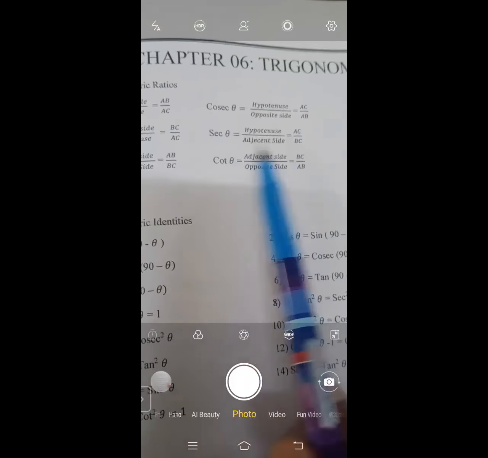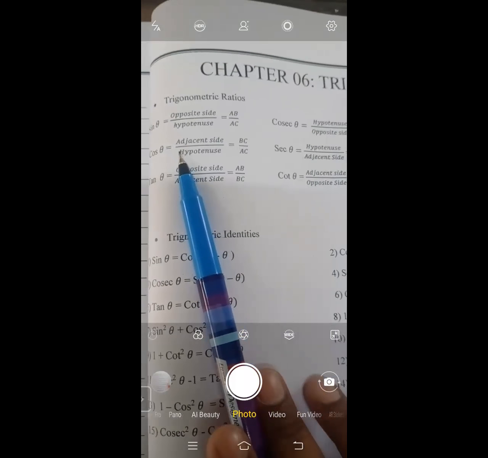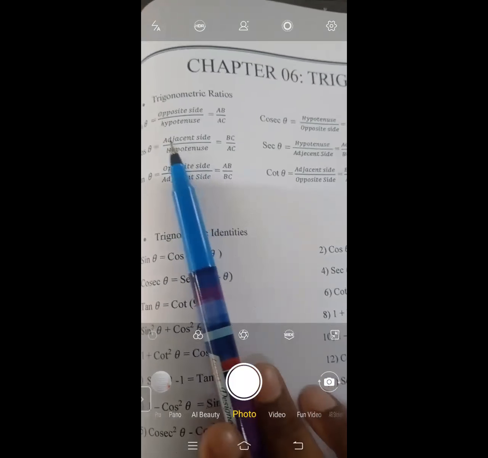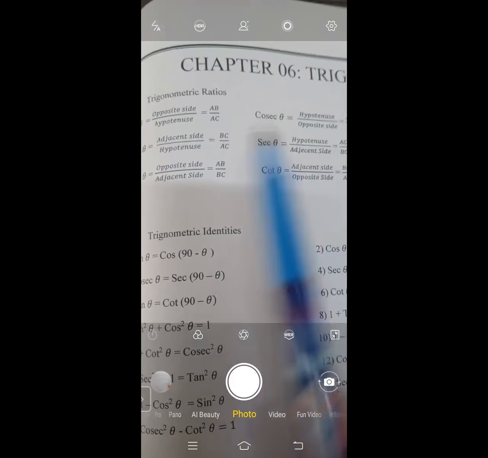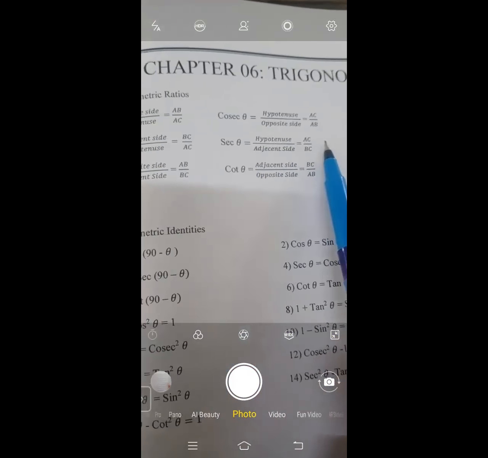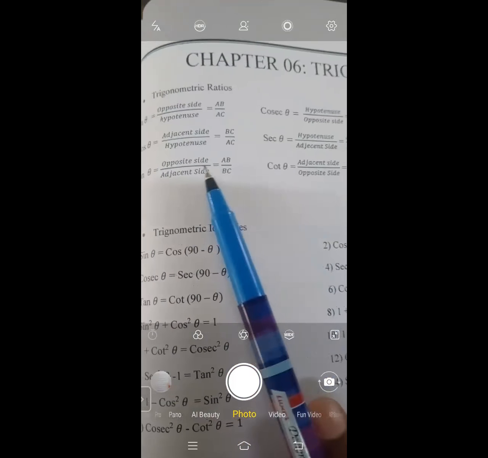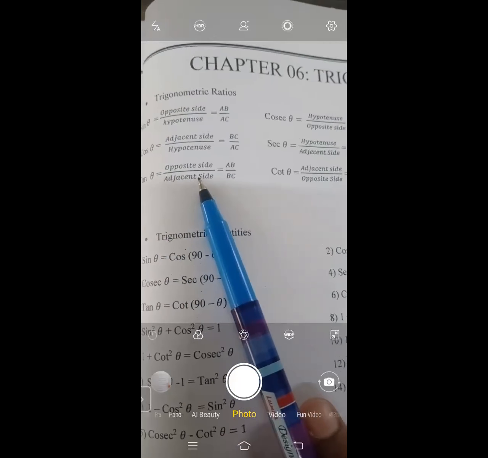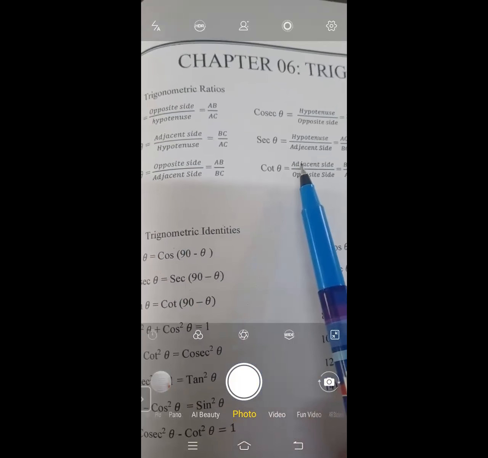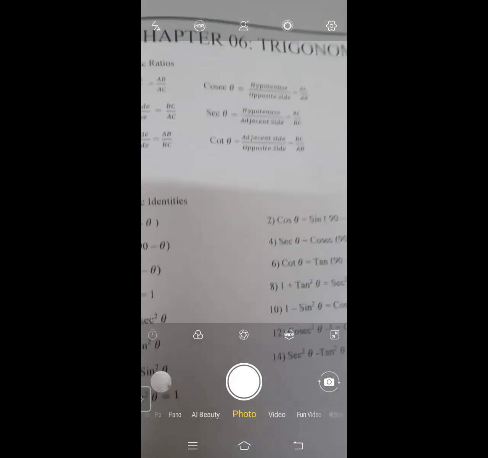It is hypotenuse upon adjacent, the reciprocal of cos theta, which is AC upon BC. Same for cot theta: opposite side upon adjacent is for tan, and the denominator of tan goes as the numerator for cot, which is adjacent side upon opposite side.